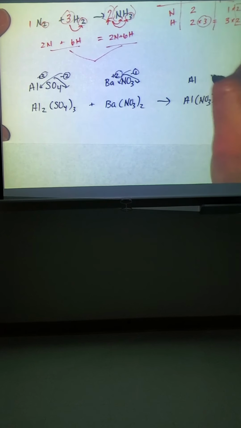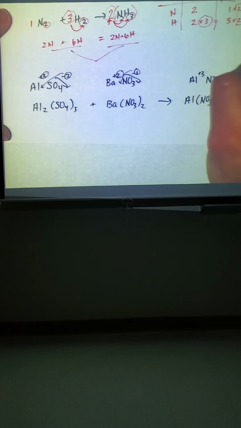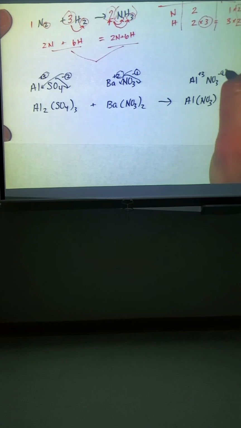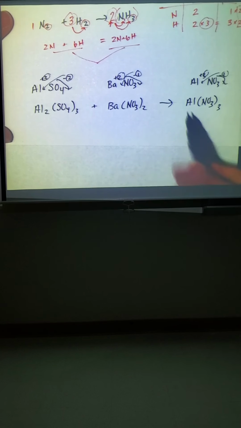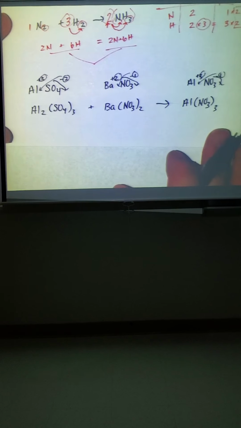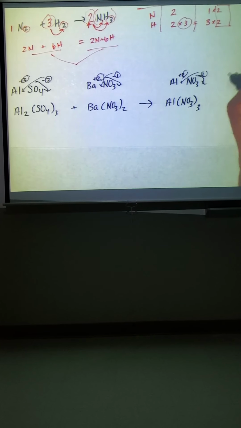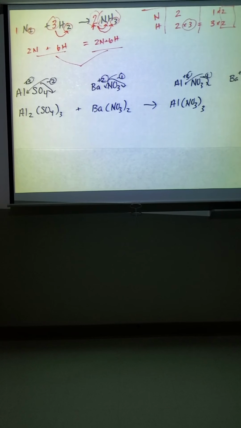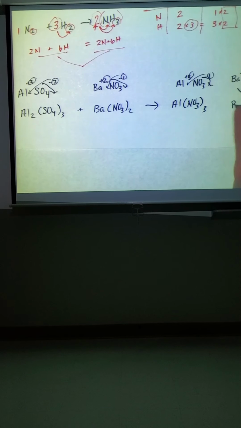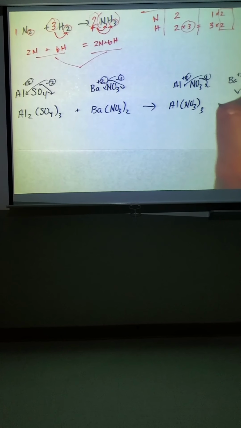In this case aluminum, +3 still, nitrate, a -1 still, cross the charges and we get a 3 out here instead of a 2. Different families, different charges. And then what's left over is barium with a +2 and sulfate with a -2, and that's a perfect match. They can just squish together and get barium sulfate.